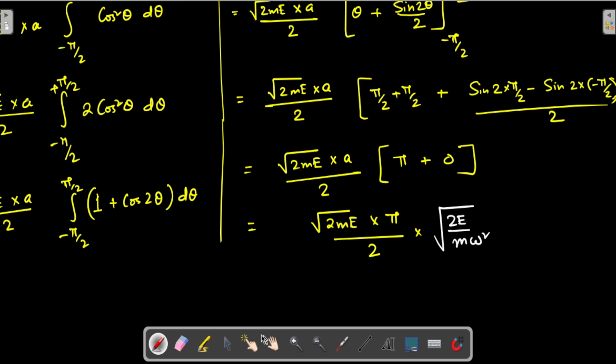So from here the term will be E multiplied by root E, which becomes a single E, and pi will be present, 2 vanishes and m vanishes, that means omega will remain. Here E pi by omega.